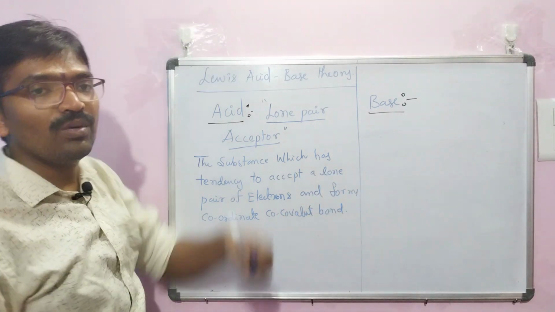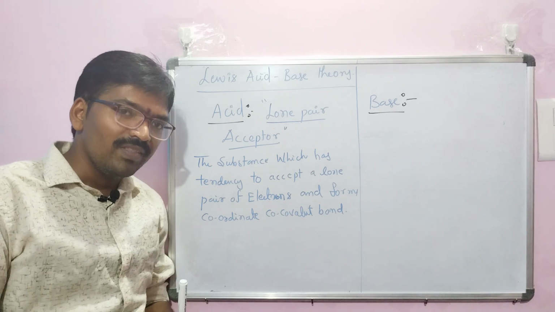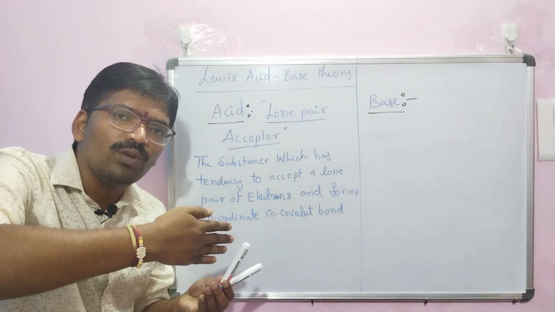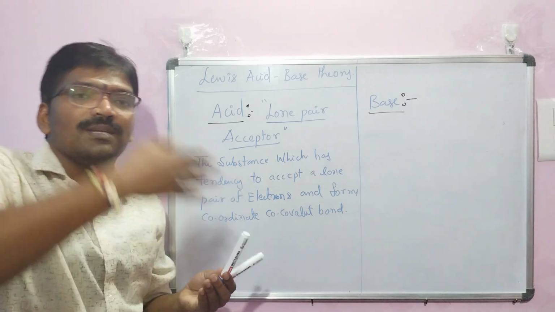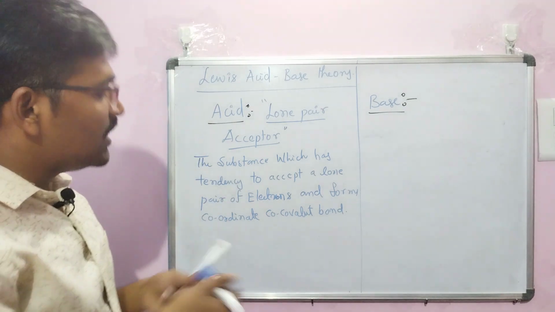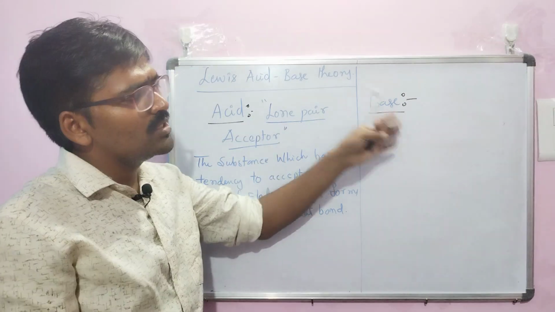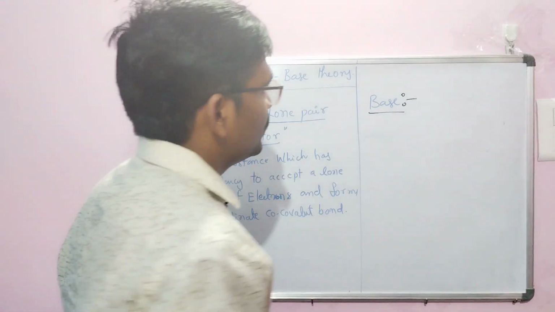So this is very important. These are ready to accept the lone pair of electrons, then form a coordinate covalent bond between the donor and acceptor. Here it is the acceptor, and the other is the donor, no doubt at all.